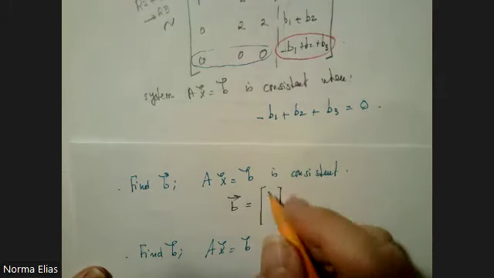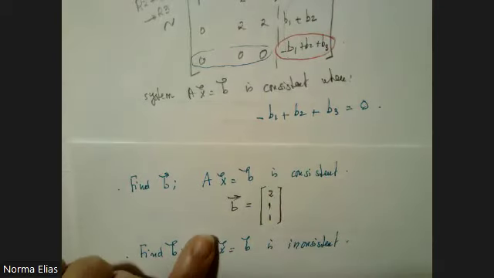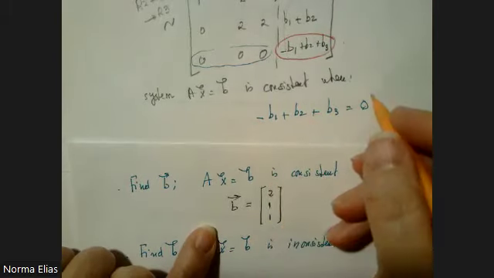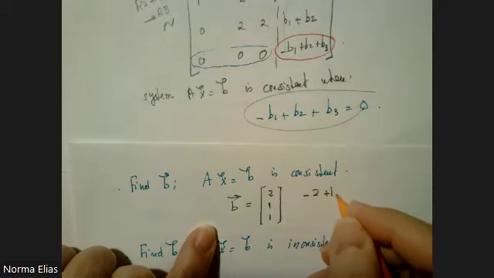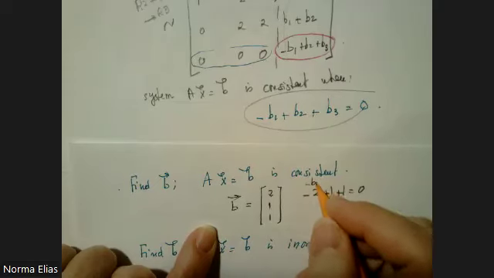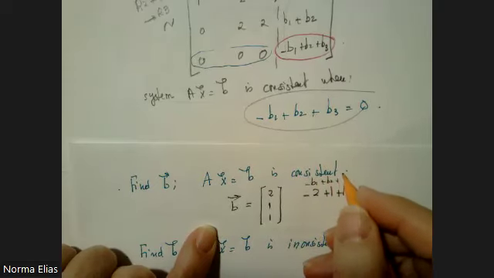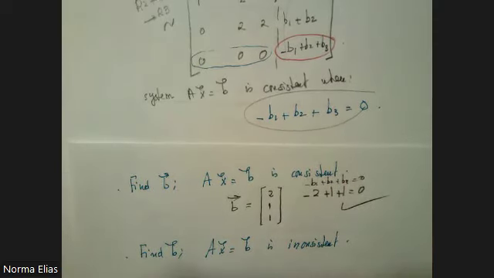2, 1, 1. Okay, I will write it and I will see if your classmate is correct. He gave me the vector 2, 1, 1. So does it satisfy this condition? So minus 2 plus 1 plus 1 equal to 0. It means I check that. Okay, it satisfies, the system is consistent.